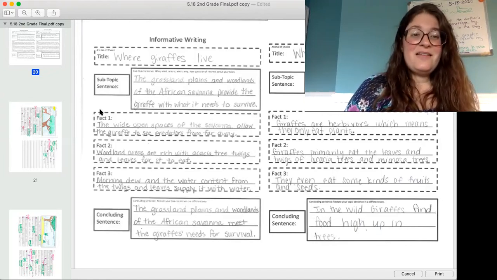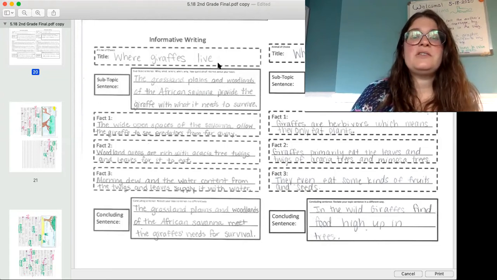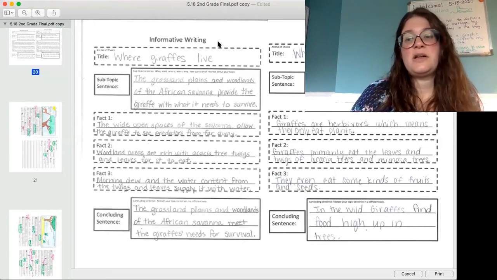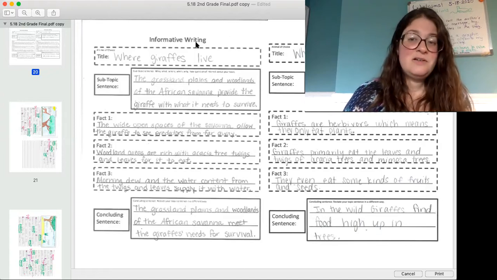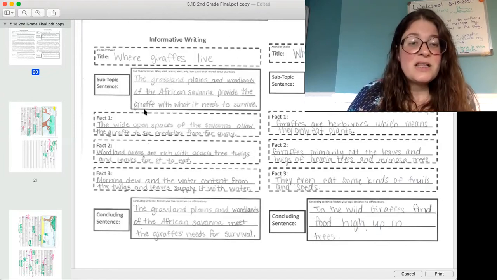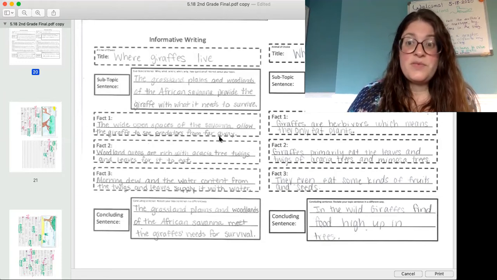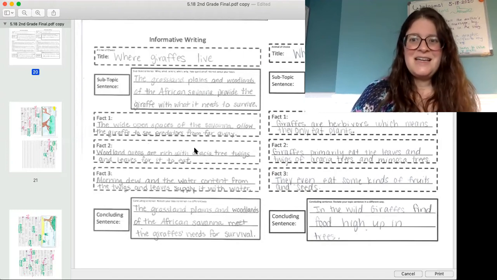And then the teacher gets right into the facts that just relate to where they live. Nothing else. We're not talking about what they eat or what they do for fun. It's just where they live. The wide open spaces of the savanna allow the giraffe to see predators from far away. So that's why they pick the savanna to live. Woodland areas are rich with acacia tree twigs and leaves for it to eat.